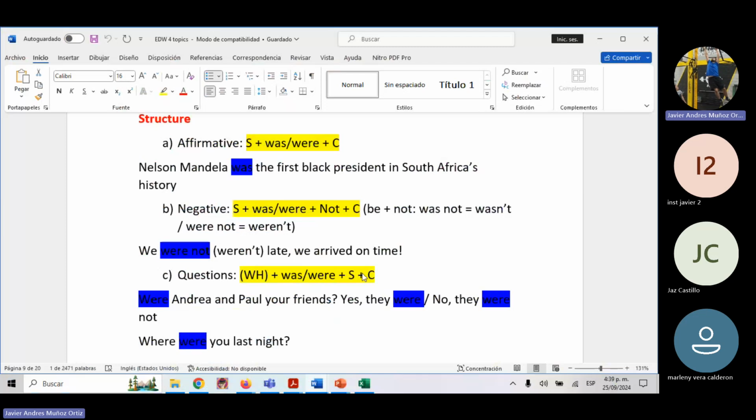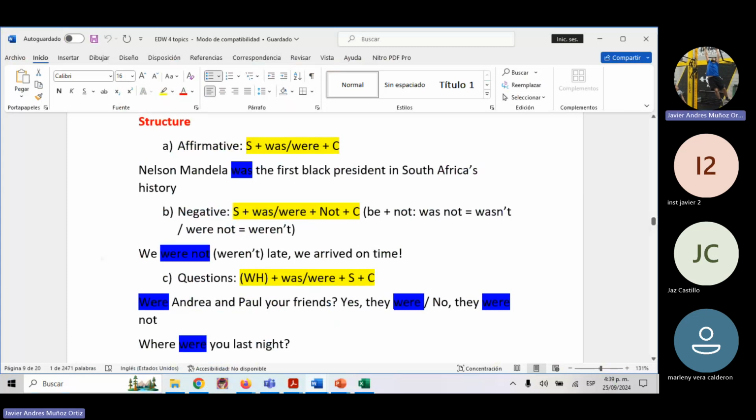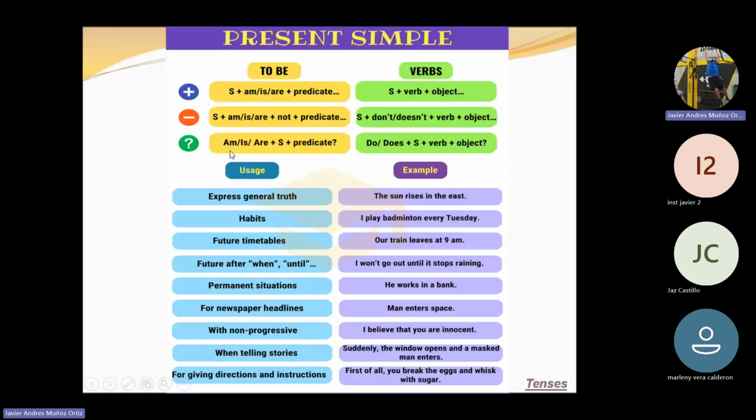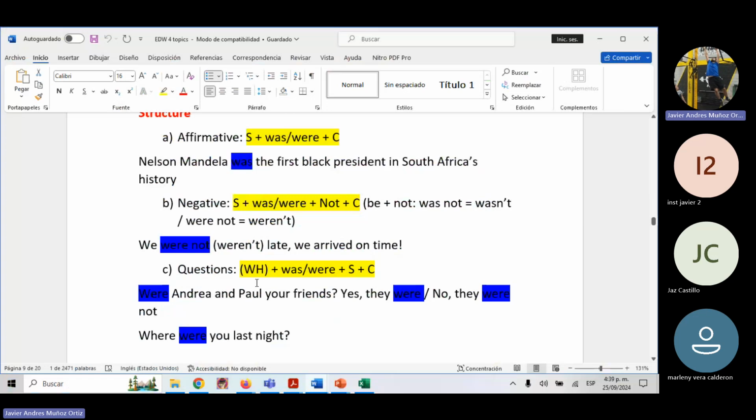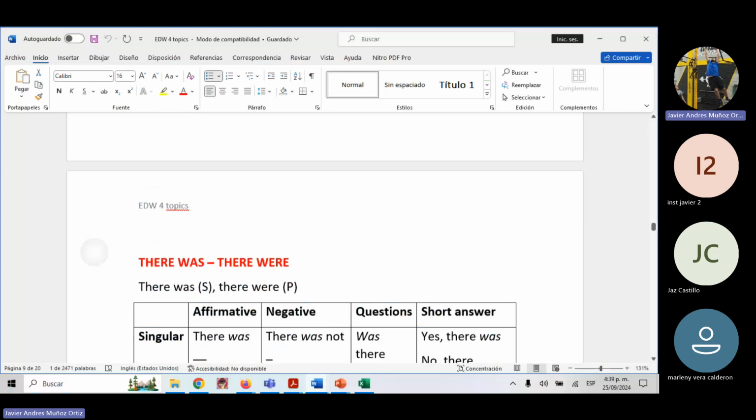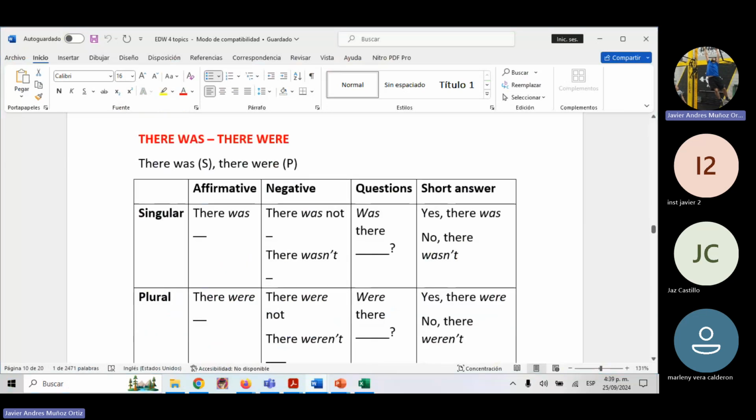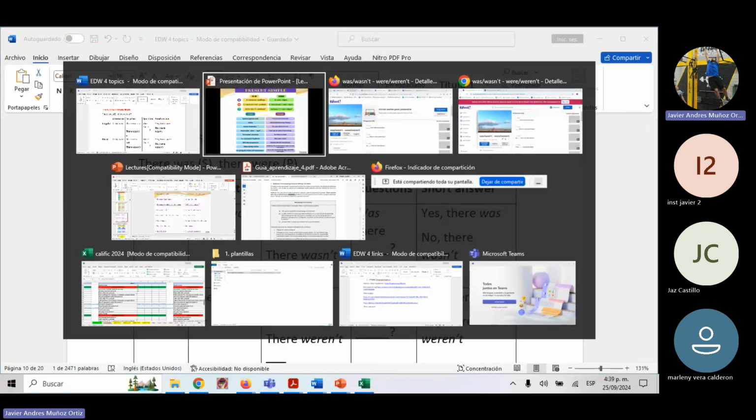Okay, so was your sister at home last night? Maybe yes, maybe no, I don't know. Okay, so the way we create sentences, affirmative, negative, and questions, in present tense and in past tense are very similar. The most important change is the conjugation of verb to be. That's it, nothing else. So this is a very easy topic.